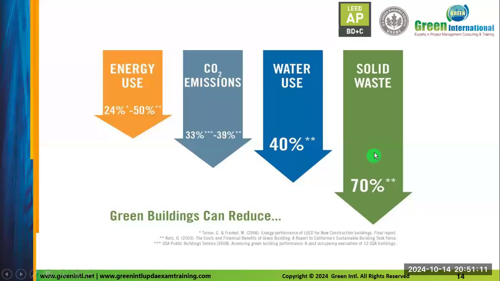Normal gold can achieve within these percentages. And it's actually a good question, because in some cases they will ask you, if you achieve LEED gold, how much water saving should you achieve? I would say around 40%. Around 40%. Okay.